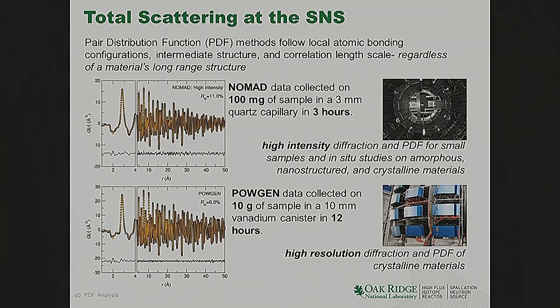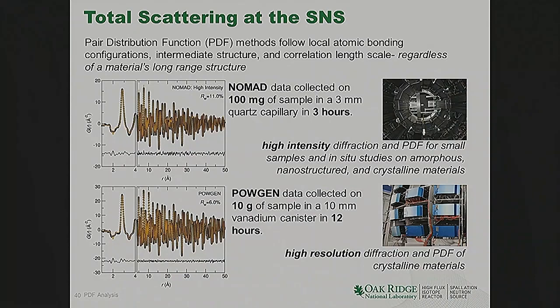At PowGen, you're talking about a much bigger sample, so something at least the size of your pinky, say, 10 grams or so of sample in a 6 to 10 millimeter vanadium can and measuring from 8 to 12 hours. I would say that's probably cut in half now that they've had their upgrade. And we've very recently done new measurements on the upgraded PowGen.